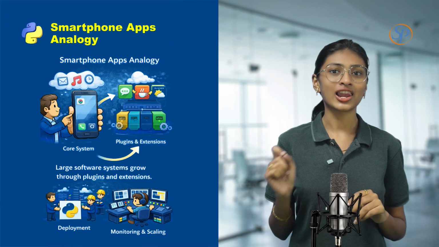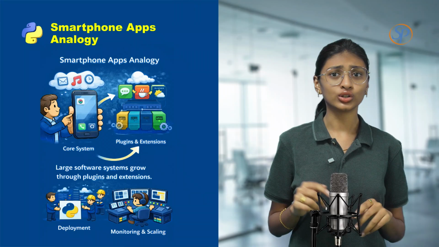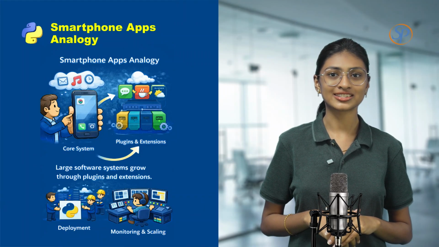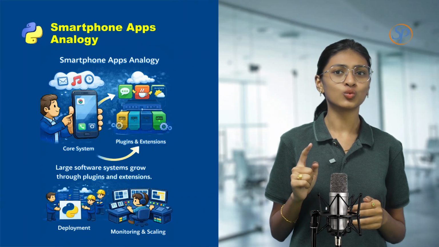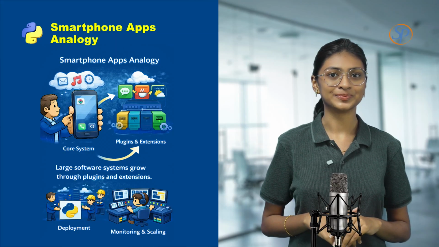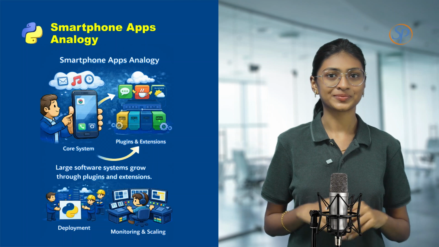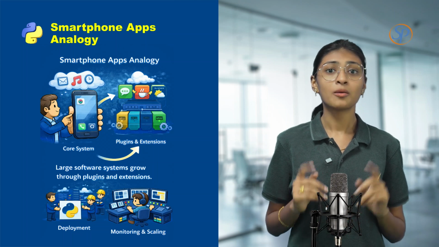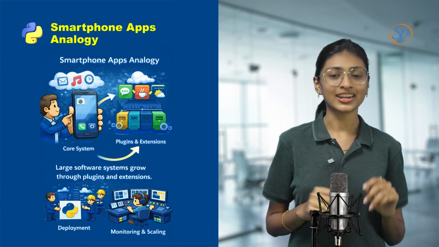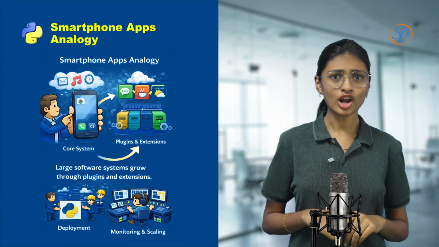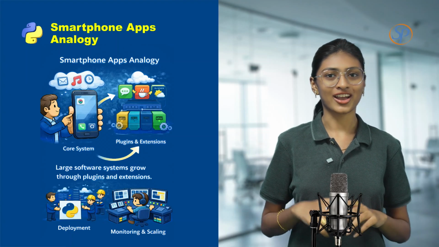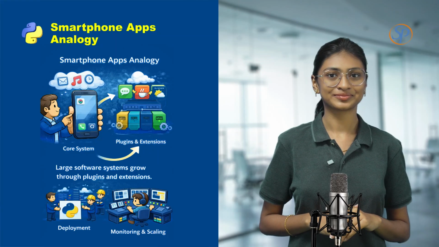Instead, you install apps. You don't rewrite the operating system every time you want a new functionality. Large software systems work the same way. They grow through plugin modules and extensions, not by rewriting the core again and again.